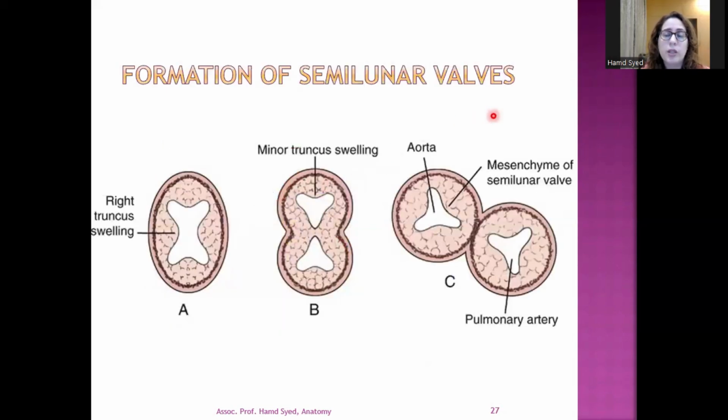Now, when we talk about the aorta and the pulmonary trunk, we know they also have valves, the semilunar valves. Their origin is simply from the minor swellings which appear in the truncal region, and these swellings eventually approach each other. You can see over here that these semilunar valves have appeared in the region of the aorta and also in the region of the pulmonary artery.